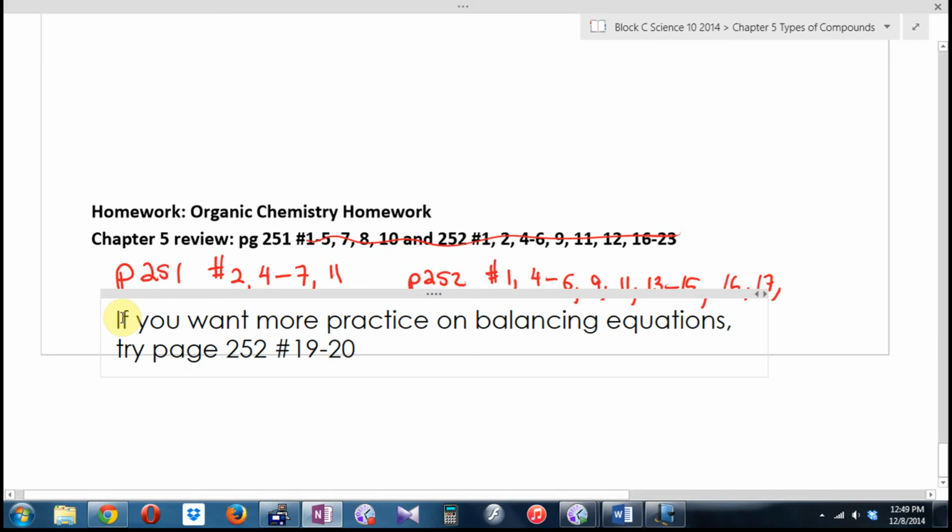That last part, Dylan, I want to spend Wednesday really going over and hammering home. I'll put together a practice sheet. So that's the organic chemistry homework.